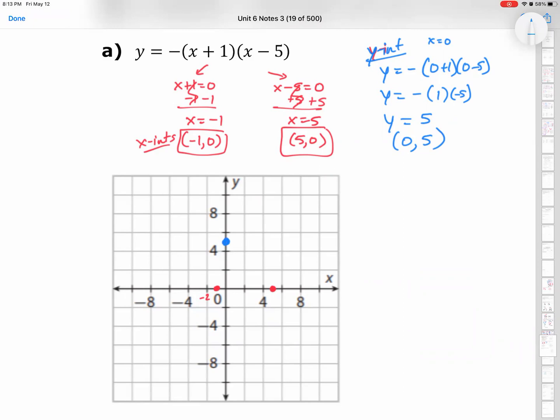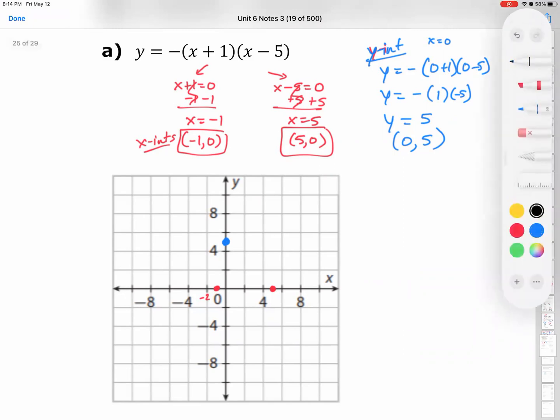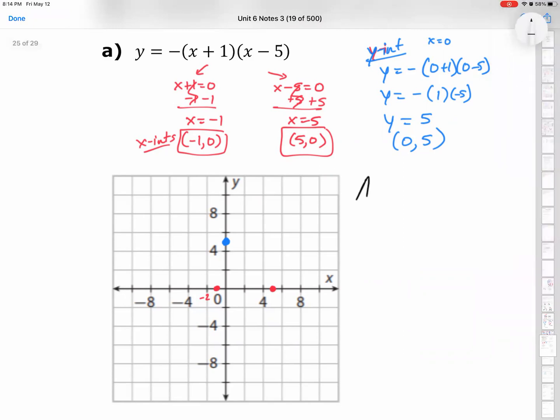Now we have a shape to this. We found our x-intercepts and we found the y-intercept. Again, these are excellent points to find, the y-intercept included. Now, it did ask us to find the axis of symmetry, so let's go ahead and do that.